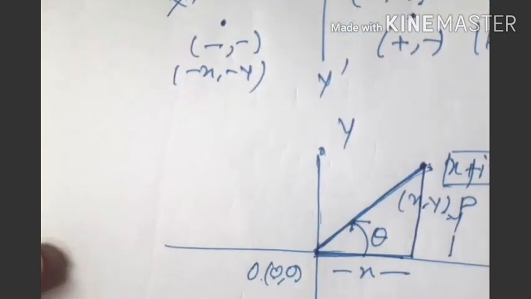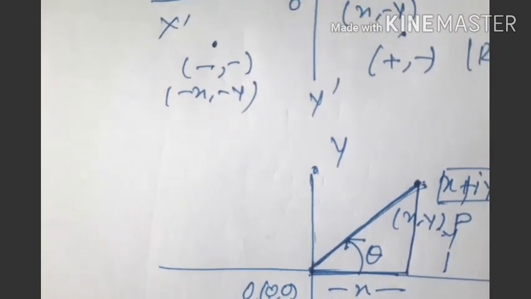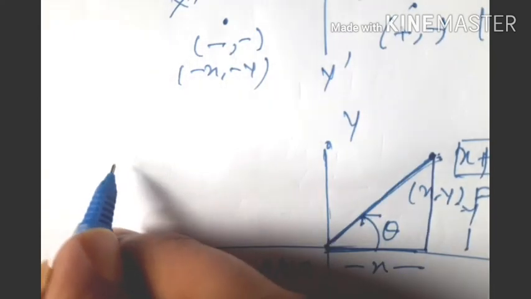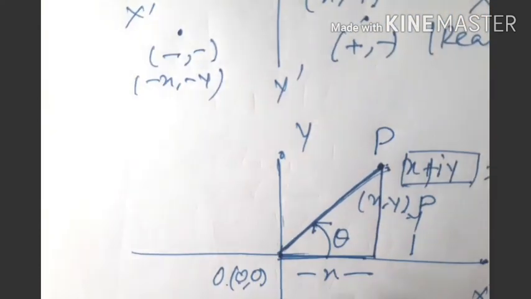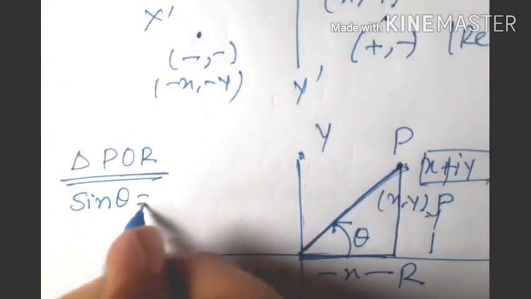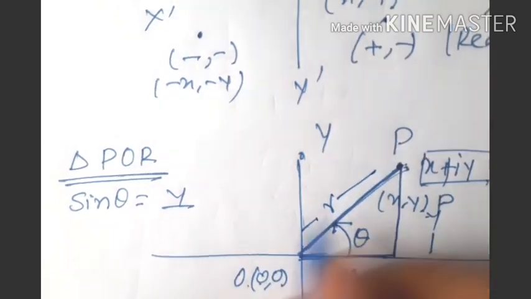So now from the same picture we'll have some cases. The first case, from this diagram, we can write from the triangle. Suppose this is P, this is O, this is R. So now from triangle POR we have sin theta equal to y by this portion, which I am taking here as r.